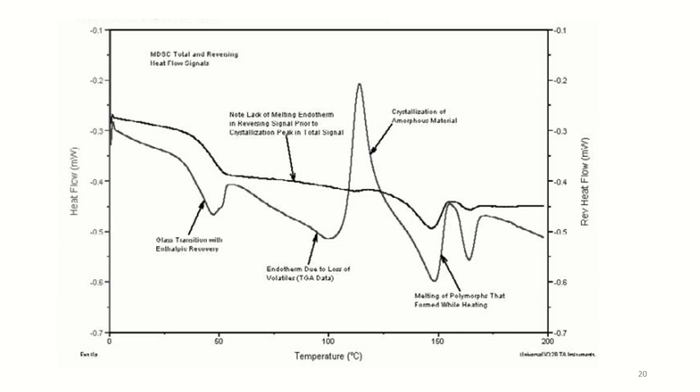The standard DSC was run at a relatively low heating rate of 5 degrees Celsius per minute to optimize resolution of multiple transitions.